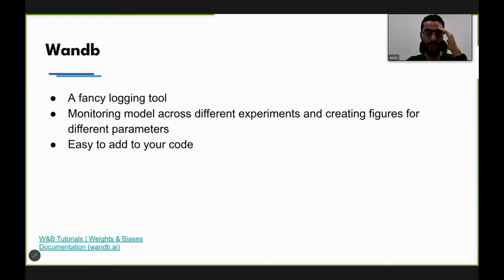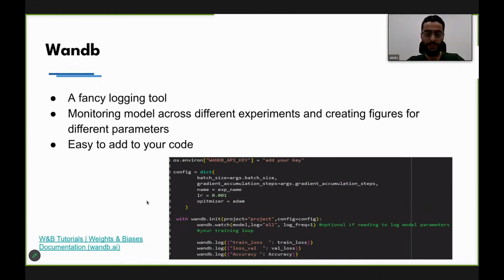And it's very easy to add to your code. It's just a few lines. You just use os.environ and give it the Weights and Biases key you have. You get it from the account that you create on Weights and Biases. You give it a config, which is just for you. It's just a dictionary where you mention the parameters you were using for this experiment, so you can see them later. Then you import wandb, and call wandb.init with the name of your project and your config.